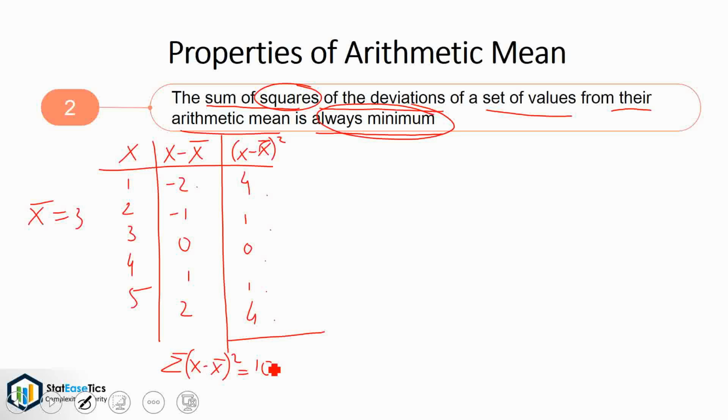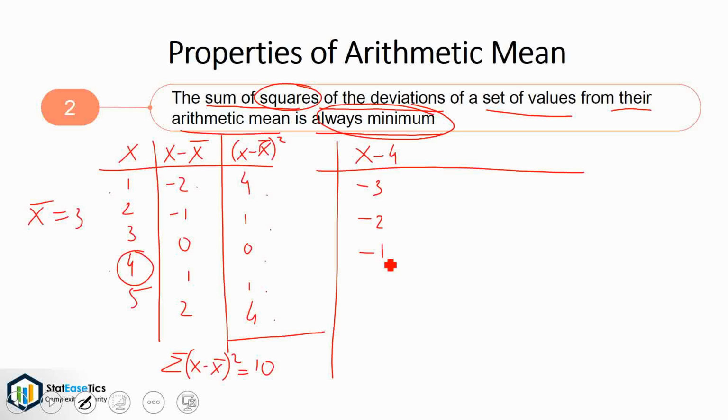Now to understand the property in more detail, let's take another data point, say 4, that is other than the mean, and see the deviation of each observation with respect to it. So it will be 1 minus 4, that is minus 3, then minus 2, minus 1, 0 and 1 respectively. Taking its square, that is minus 3 square, 9, 4, 1, 0 and 1.